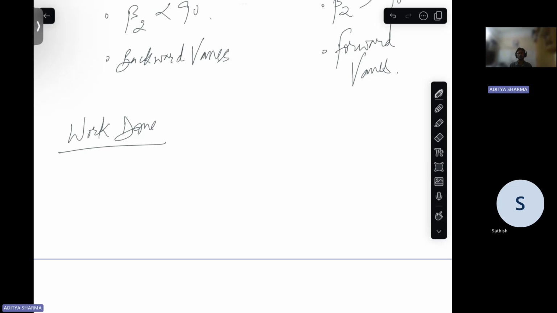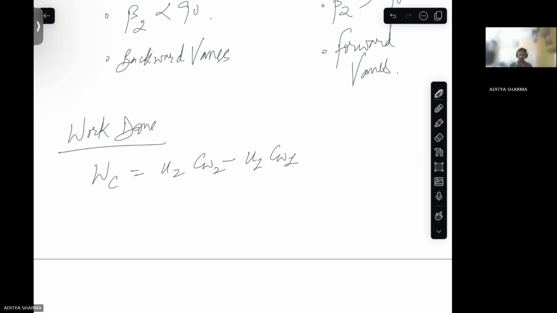So in the previous week's content, we have seen what is the expression for work done. The CW2 and CW1 basically are the tangential velocities or the whirl velocities. Okay.